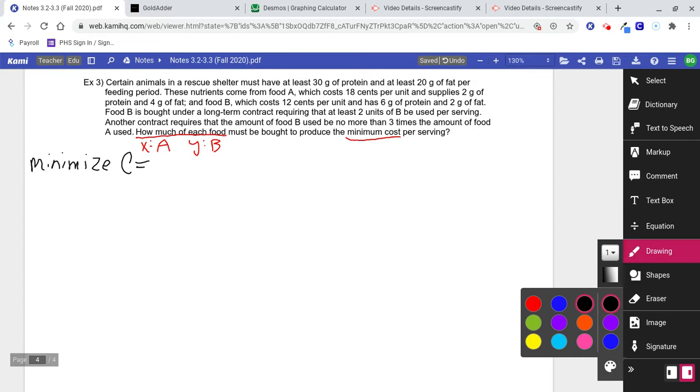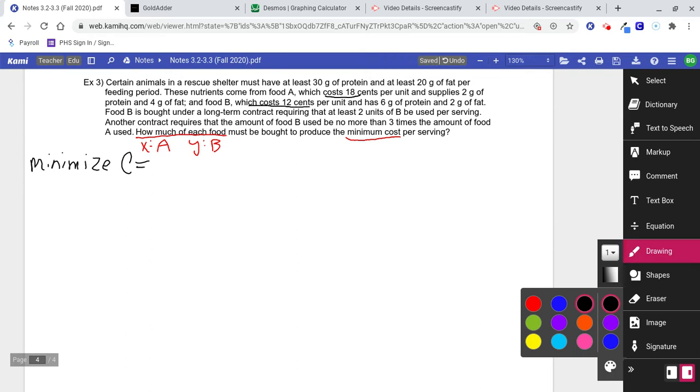So the first thing that I would do is go through and try to find the numbers that are talking about cost. See the word cost right here. They're talking about food A, which costs 18 cents per unit, and then they talk about B, which costs 12 cents per unit.